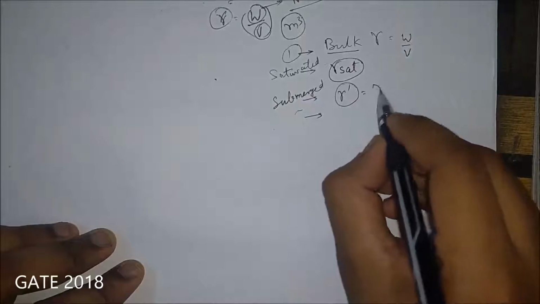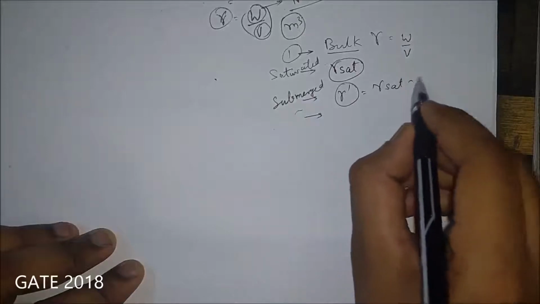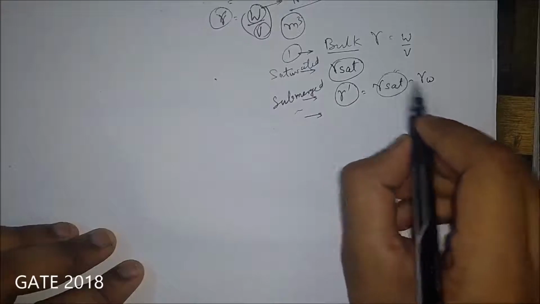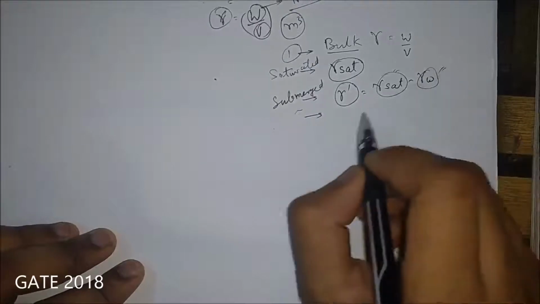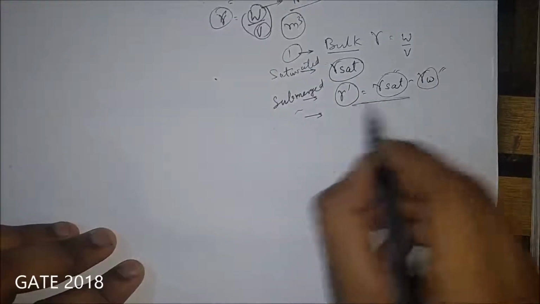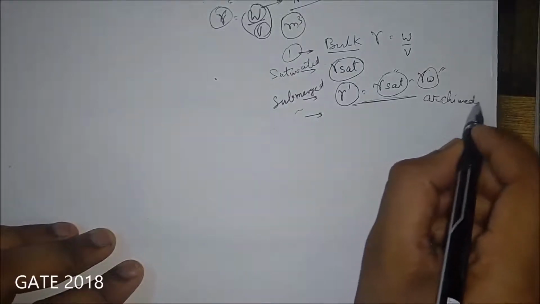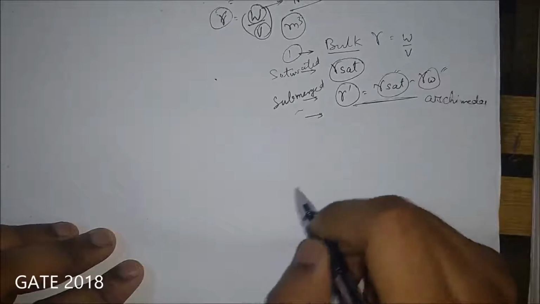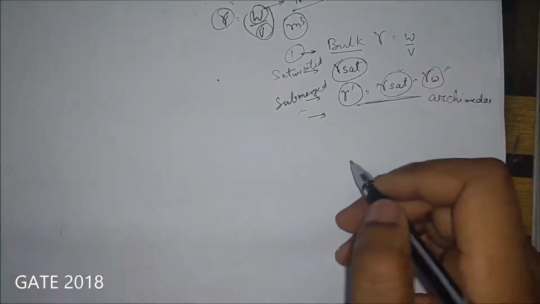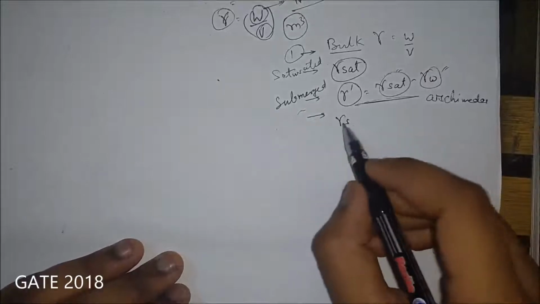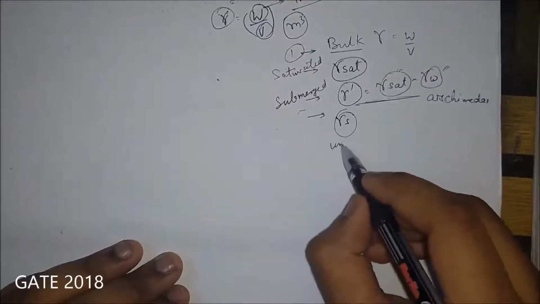Gamma dash will be, from Archimedes principle, nothing but gamma sat, the weight of the soil in water, minus the buoyant force. It follows Archimedes principle, just remember. It has been asked in past year GATE questions. The last one will be gamma s, which is the unit weight of the soil.